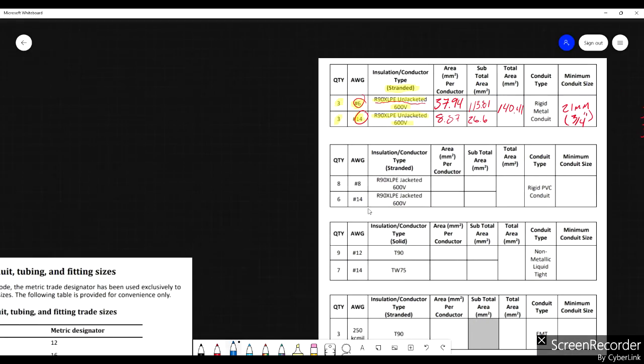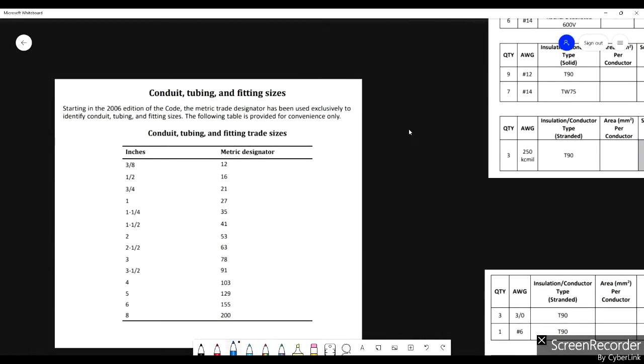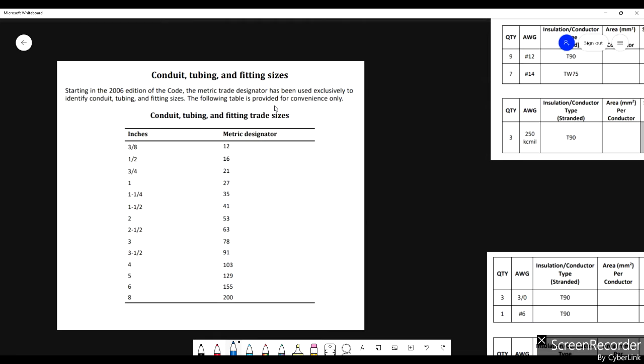Right? If you're unsure what that is, in the front of your code book, you have this page here. I'm not sure what page it is offhand, but it gives you the metric or the equivalent trade size. So as you can see, if you get a 21, the equivalent trade size is 3/4 inch. Your 53, there's your equivalent trade size, that is 2. You can't do the metric conversion to imperial.